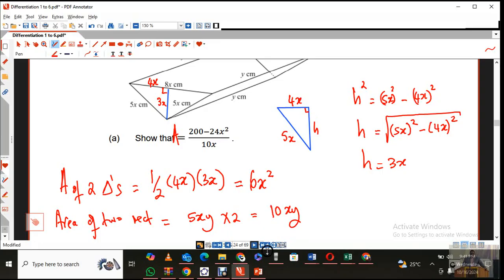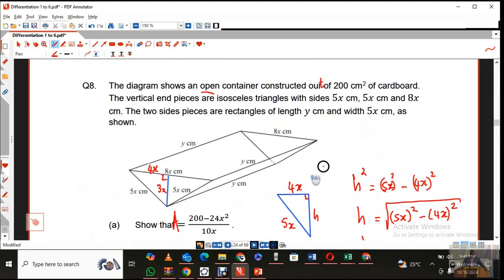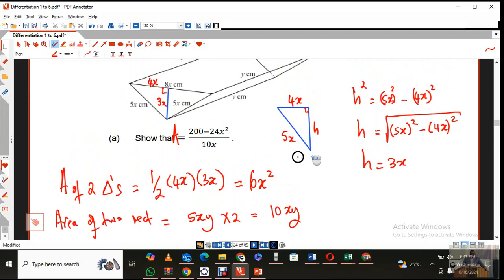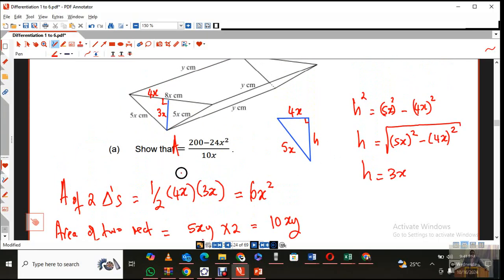So what is it that they are telling us? They are telling us that this is equal to 200 square centimeters, that whole material. I just want to make sure of something with my triangle. I'm not supposed to use the 4x here because it's two of these triangles.